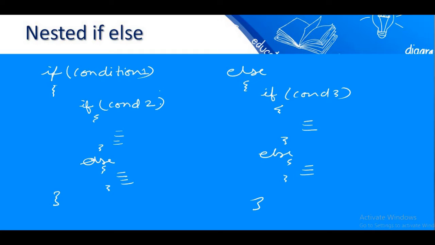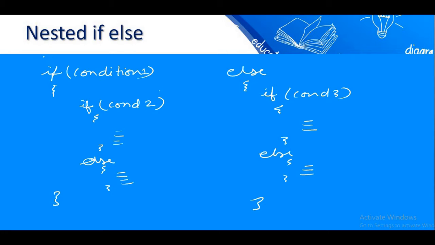Okay, so you can write an if else statement inside if, or you can write an if else statement inside else, or you can write an if else statement inside both if as well as inside else. So when we write an if else statement inside one if or one else statement, then it is called nesting, because it is one inside another. So that's why the term nesting is used for such type of statements. So this is all about the syntax, and now we'll see the working of this particular nested if else statement.